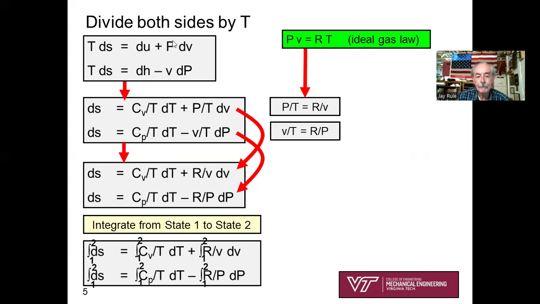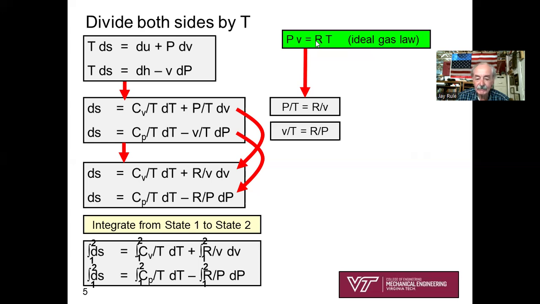All right. Now let's study the two right-hand terms in our two equations at the same time. We've got P over T dv, and we've divided by T, so we've got v over T dP, minus. Okay, so with me so far? Now let's do a little more studying.